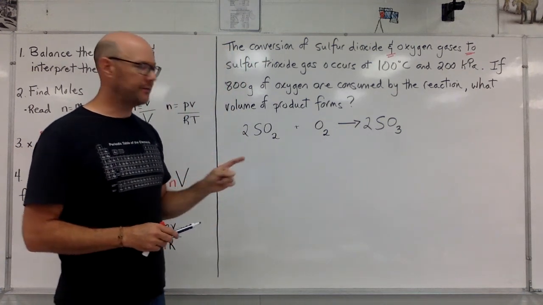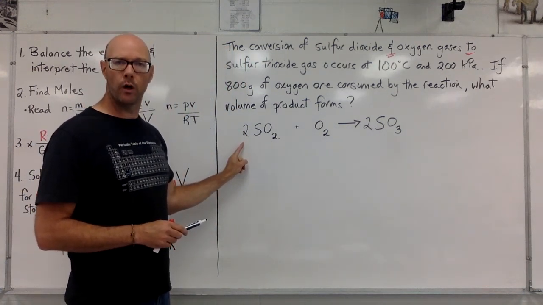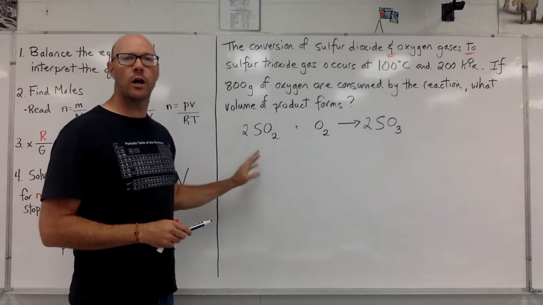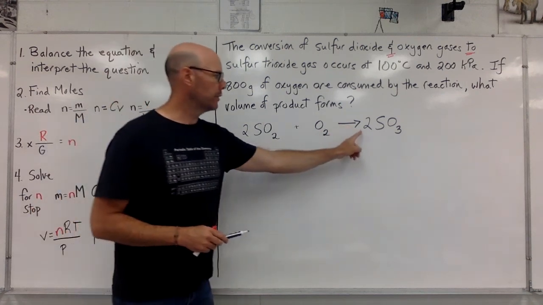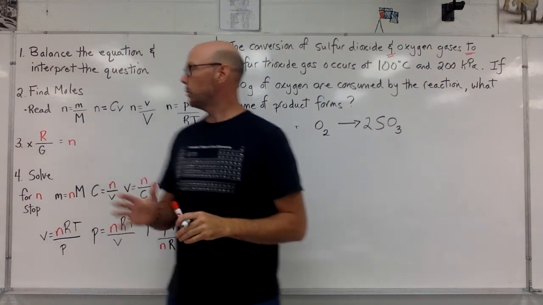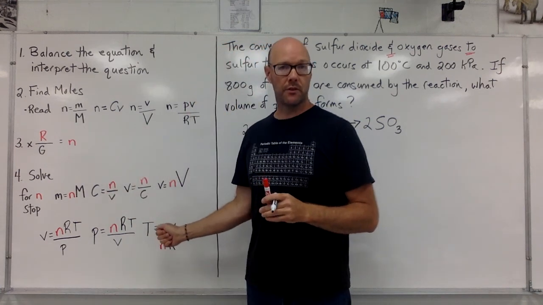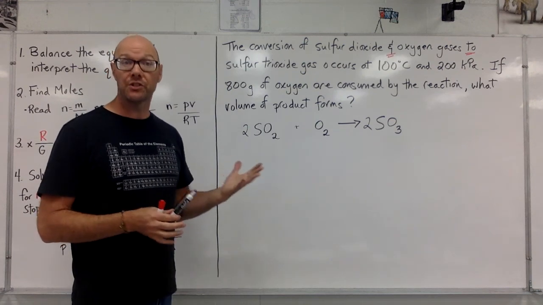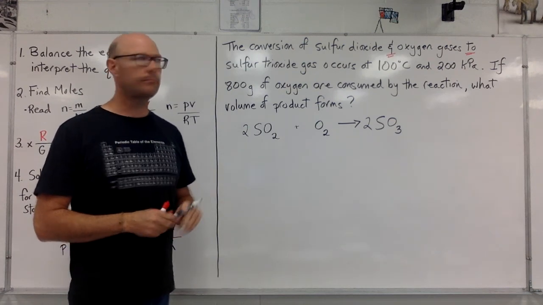In total, on the left-hand side, this right here is 4 oxygens, and here's 2 more. So in total, on the left-hand side, there are 6 oxygens, and over here, 2 times 3, 6 oxygens. So not only do I have some real choices to make in terms of the math, the reaction itself was a little bit tricky, and so was the balancing. Moving on.